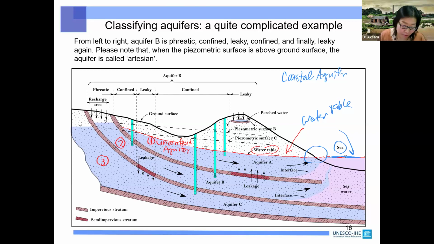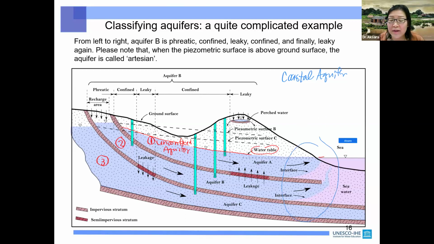One of the main problems of the coastal aquifer is that the fresh water, which is the groundwater, is connected to the seawater, so our coastal aquifer is always salty. The water in this area is supposed to be a mixture of fresh water and seawater.